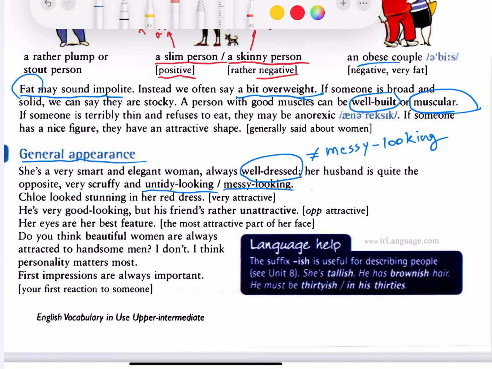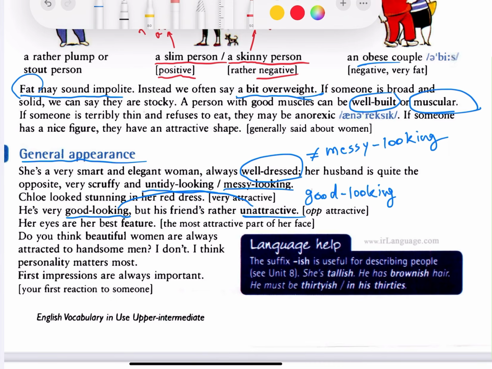Another word that you should learn is good looking. What does good looking mean? A person who has a good face, looks handsome or beautiful.